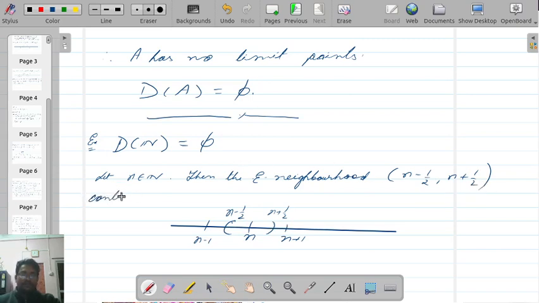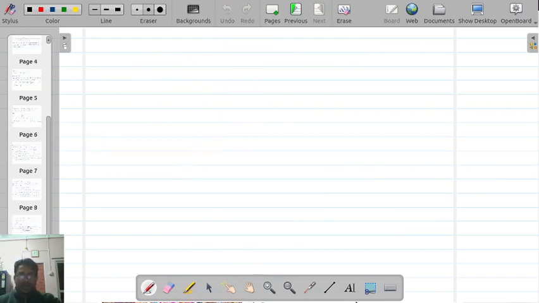contains no point of capital N other than n itself. So n is not a limit point. So no natural number can be a limit point of the set of natural numbers. Now suppose that x is a real number which may not be natural, then how to show that it's not a limit point?